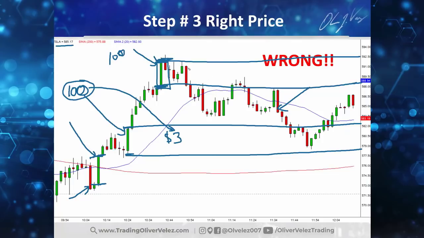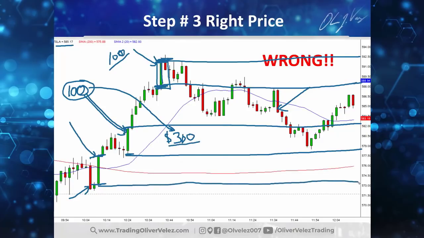This is $3 plus again. I lose $300 plus if I lose this fat bar with 100 shares. I lose $300 if I lose this fat bar with 100 shares. I lose $300. This is even wider, I believe.